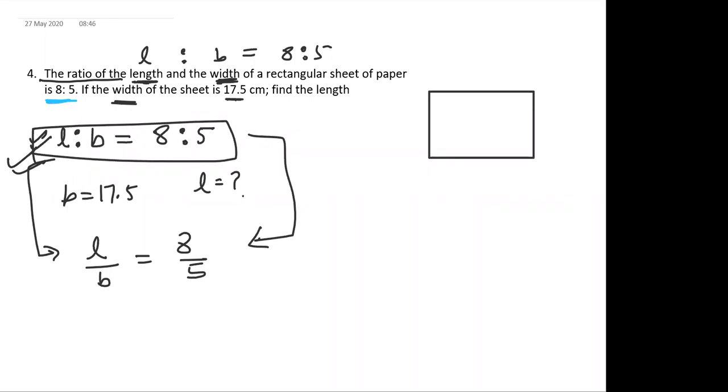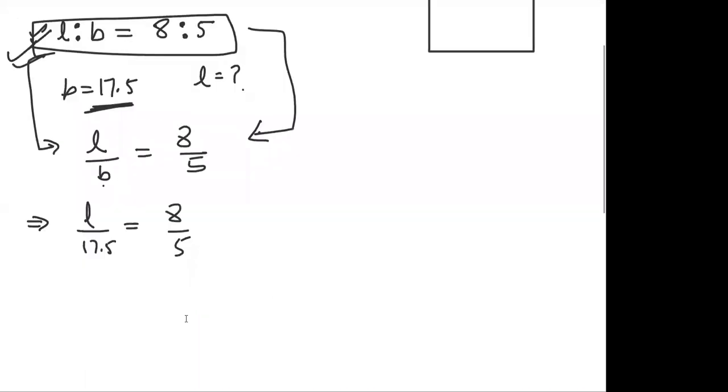Now, what you are going to do, write L as it is, and instead of writing B, write the value of B, 17.5, is equal to 8/5. Beta, cross multiply and then find the answer. I want you to cross multiply and find the answer, beta. Do it fast. Find the value of L.